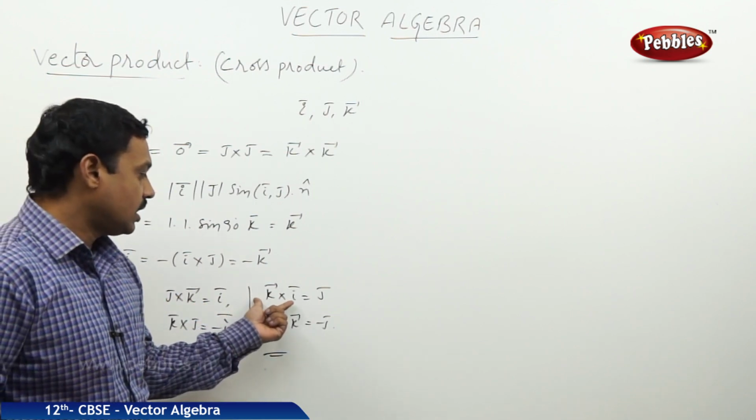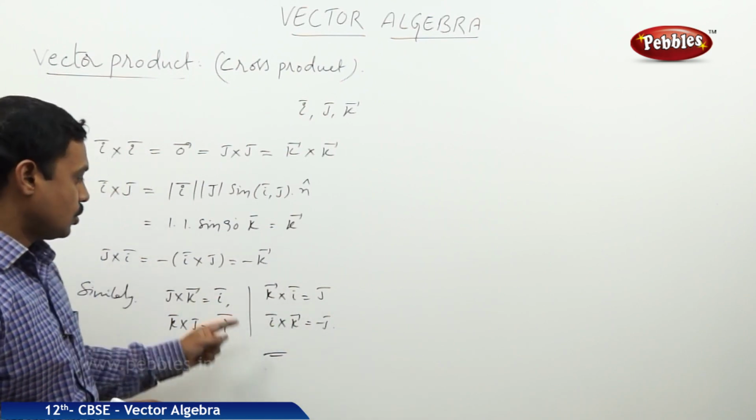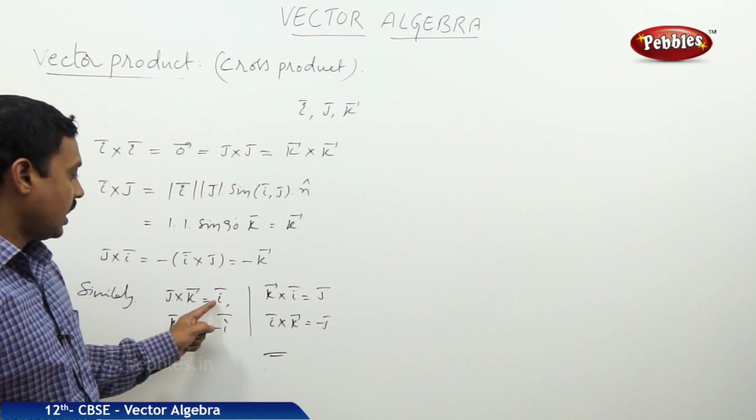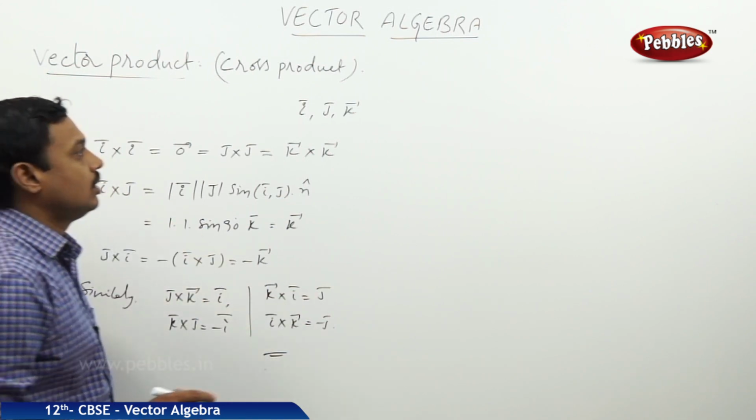The unit vector perpendicular to k and i in a right-handed system is j. So that j cross k is i, k cross i is j, and i cross j is k.